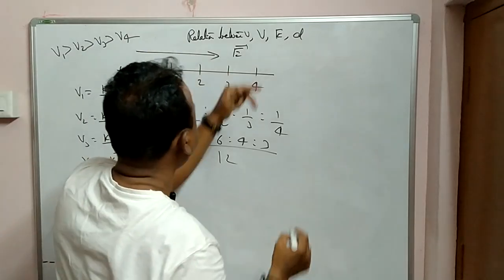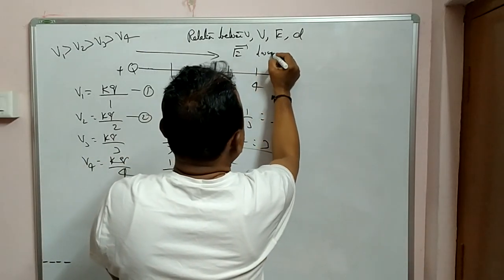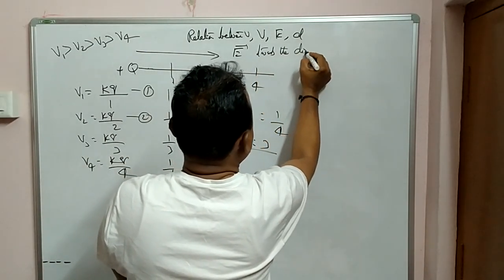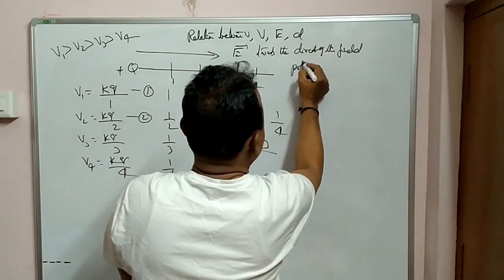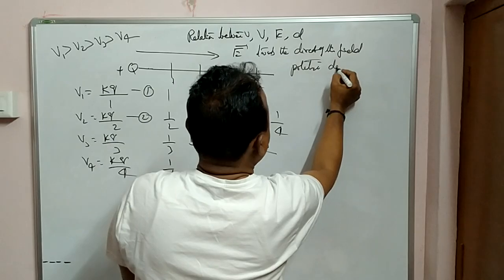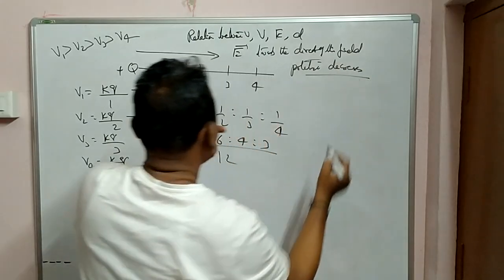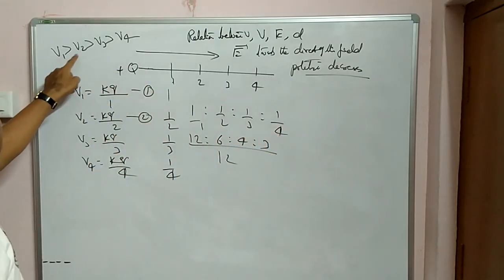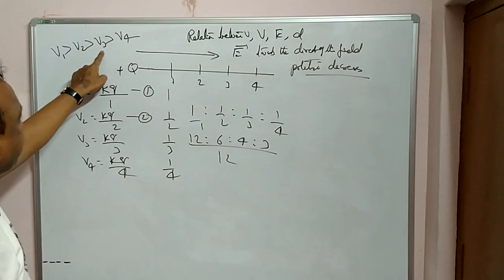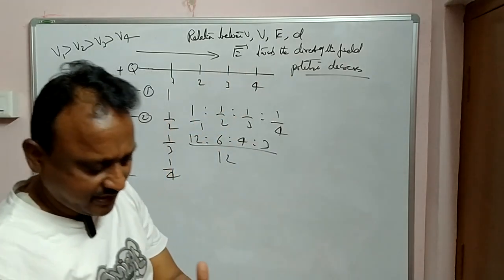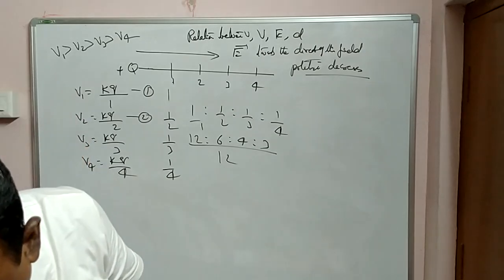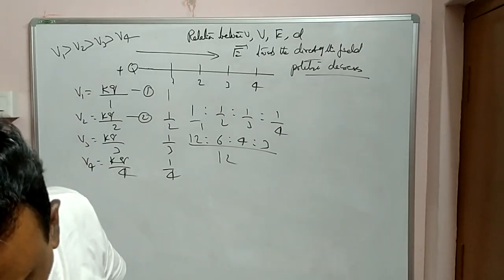That means towards the direction of the field, potential decreases. Towards the field, the potential value decreases from the figure.